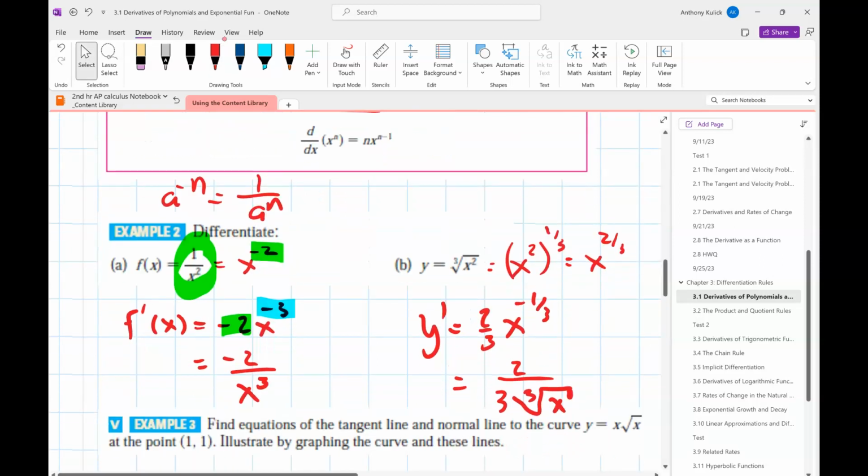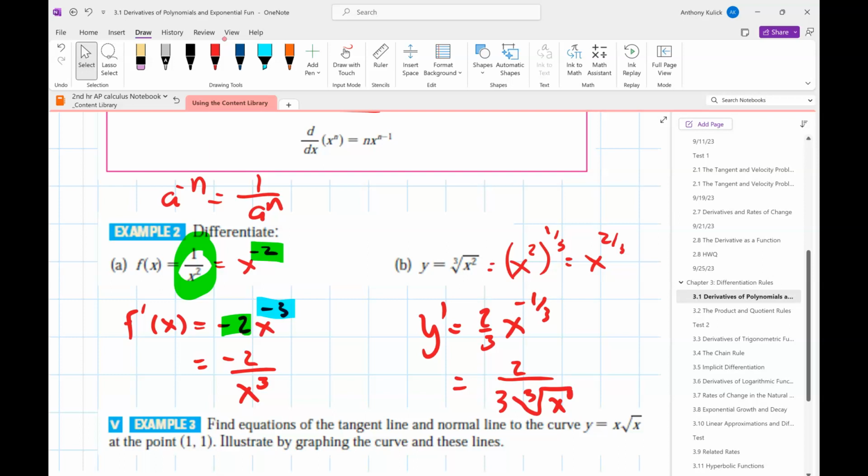Well, how did we get that? Because you have 2/3 minus 1, because you always do minus 1. The 2/3 is the coefficient.